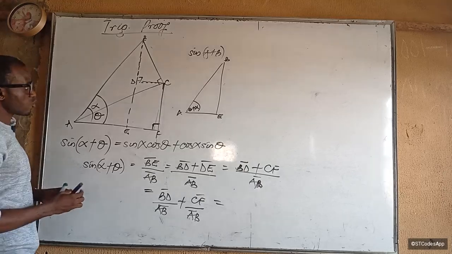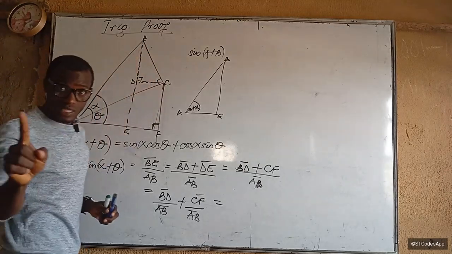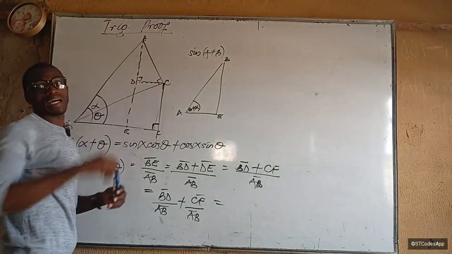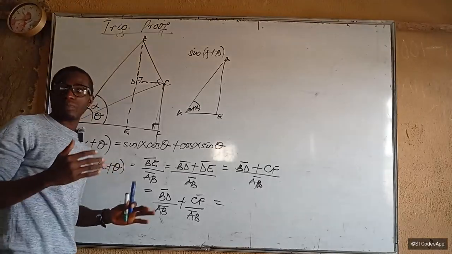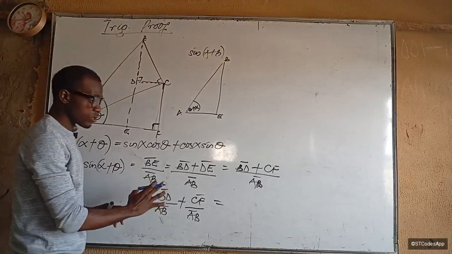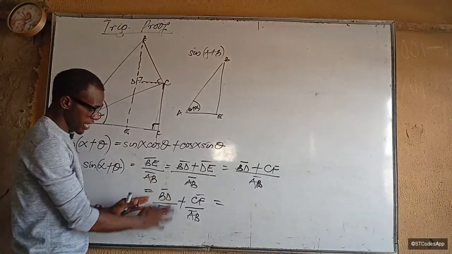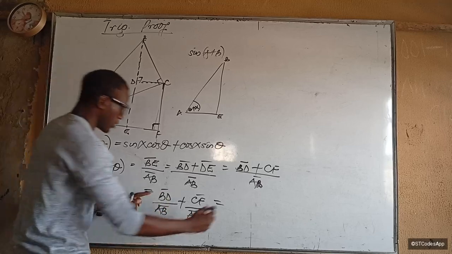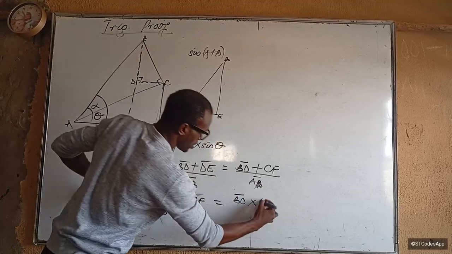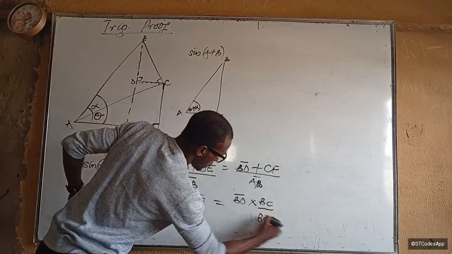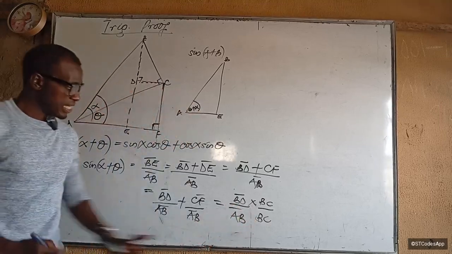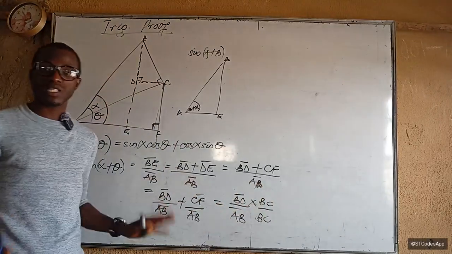So the trick we are going to do is to multiply by this common part. We are going to make it a fraction equal to 1, and use it to multiply this fraction, because these two parts have it in common. So it will be line BD multiplied by BC over BC, this one over line AB. I hope you understand what I did. This is 1 that I used to multiply it, so nothing has changed.